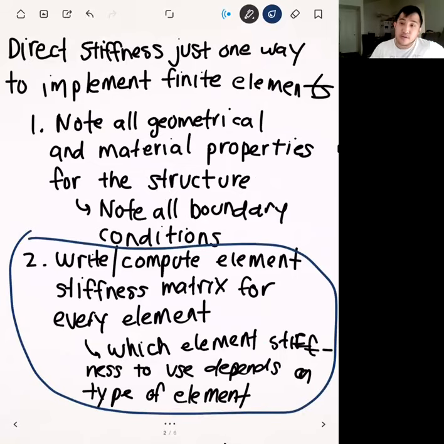The element stiffness matrices, right? And so I know we've commented before that every element has a different type of element stiffness matrix, okay? And for all the different types of finite elements that you can do, all the different types of equations and all the different types of meshes and stuff like that, the thing that really defines a type of finite element method is its element stiffness matrix, right?